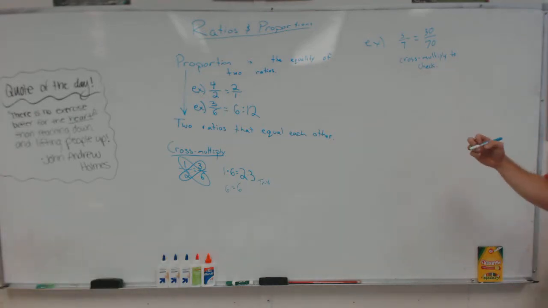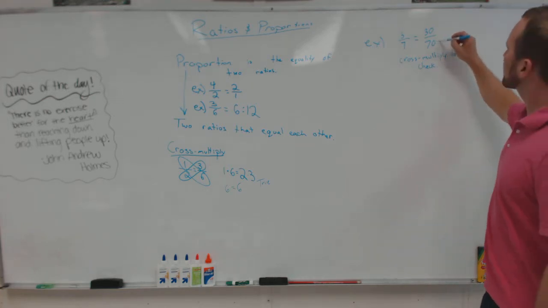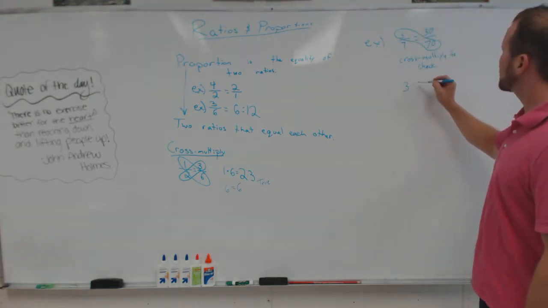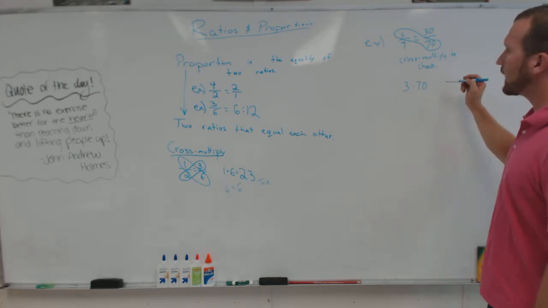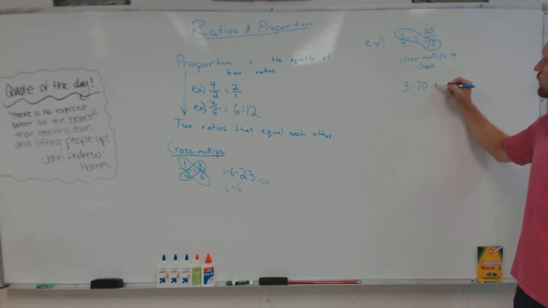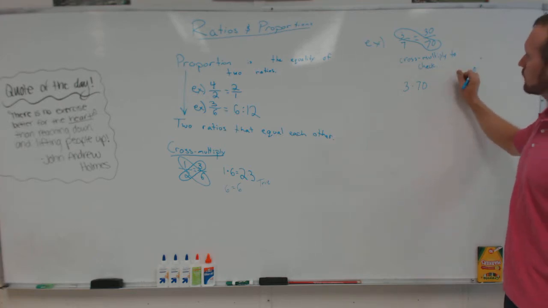You would multiply 3 times 70 and 7 times 30. So it's 3 times 70 plus, no, I meant 3 times 70 equals 7 times 30.